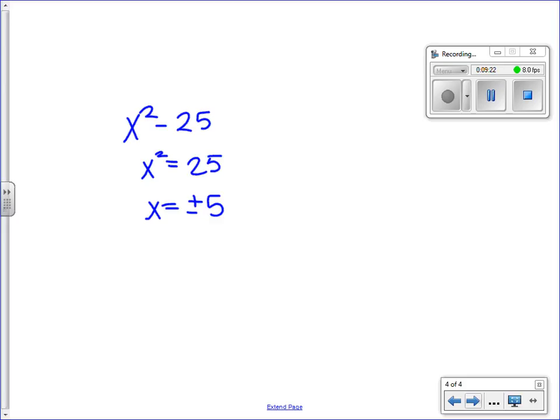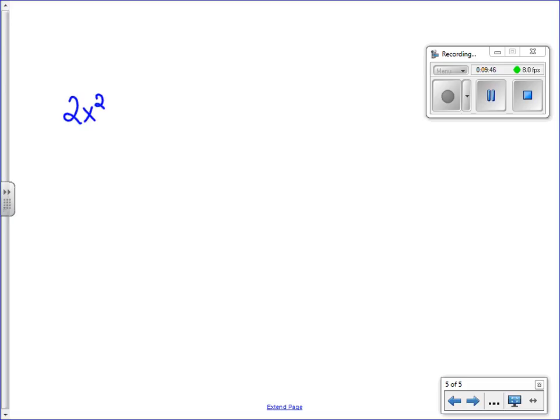Alright, so number 5, we're looking for the zeros of the denominator. Zeros of the denominator. That's what we're looking for. So what are two numbers that multiply to equal 36 and add to be negative 15? 3 and 12?